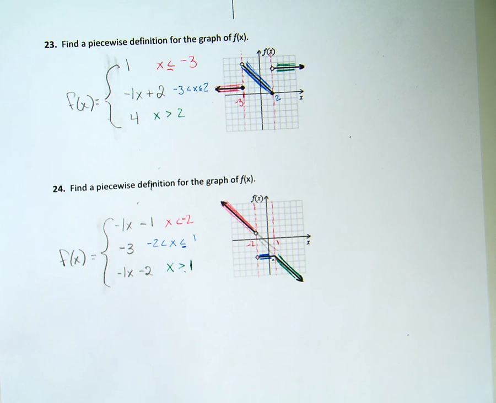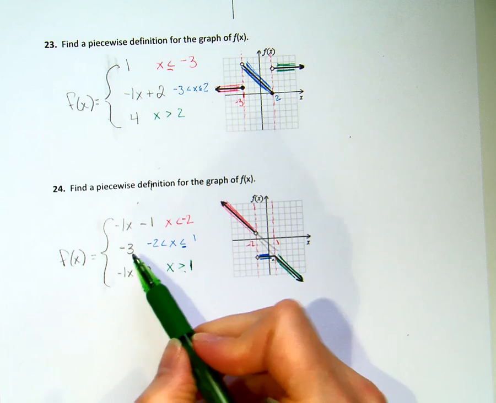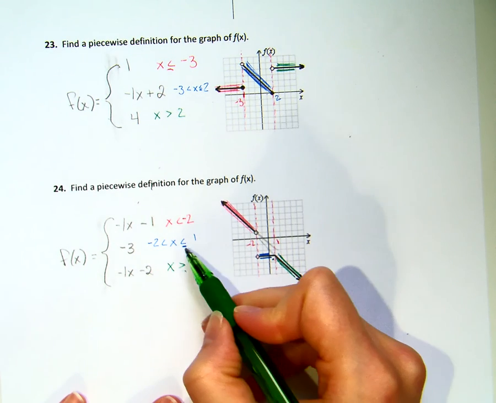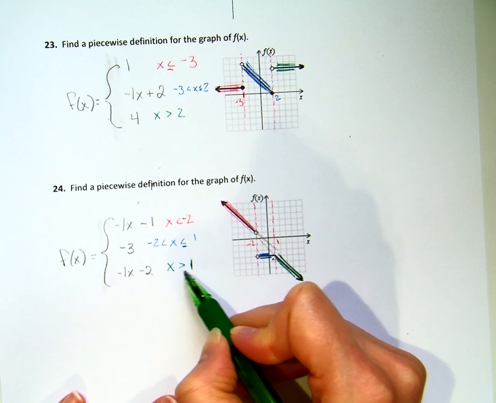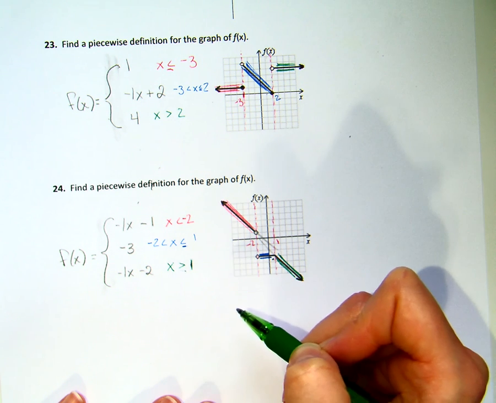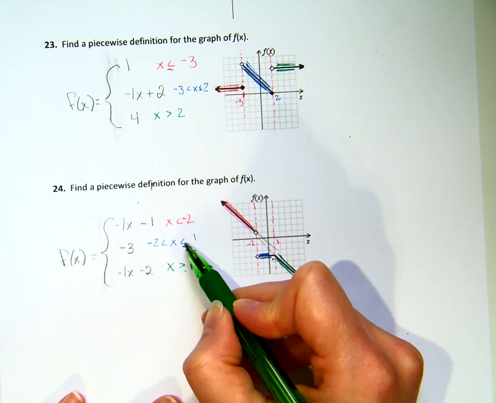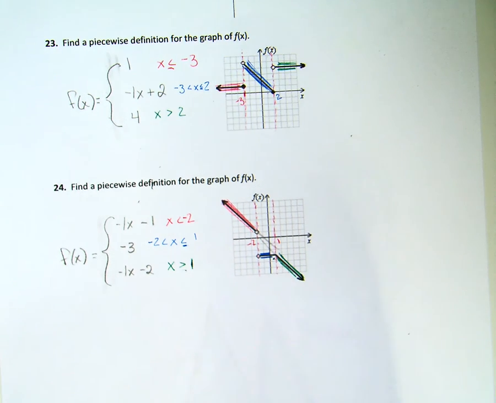Remember, a function can only have x defined at one y, so we can't plug it into two different y's. So I'm going to put it here, but you could have put it here. You could have put the line underneath greater than here, but not here. Okay, so one of the two, but not both.